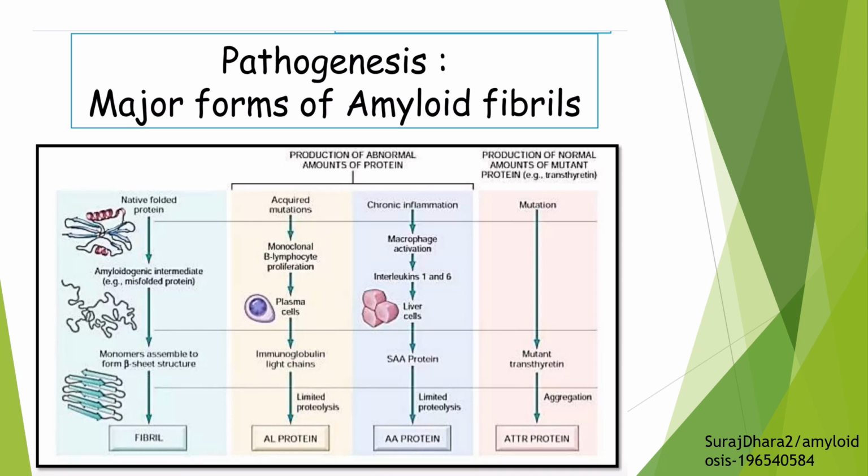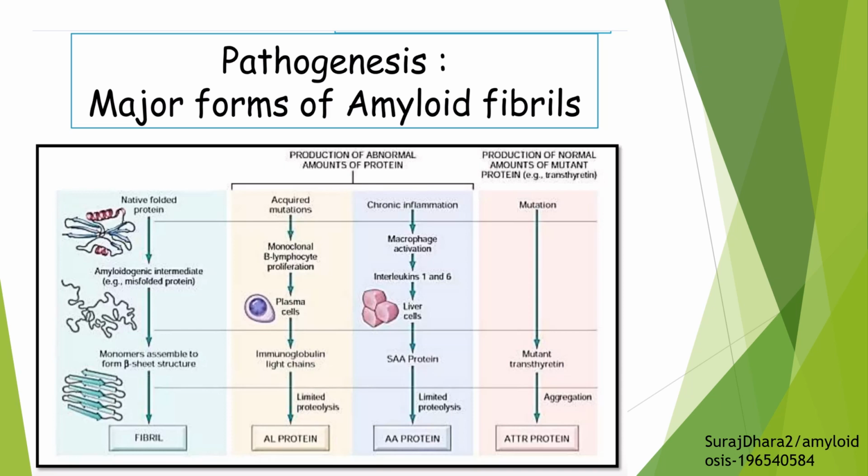So talking about the pathogenesis of the major forms of amyloid fibrils, if there's a production of an abnormal amount of proteins, there are two causes to that. One is that either there is an acquired mutation, and the other is chronic inflammation.